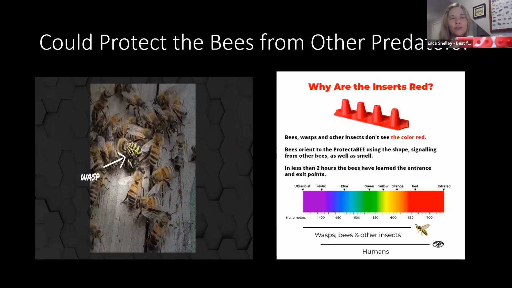So if you need to feed your bees because it's cold, or you need emergency supply, or maybe there's a dearth, like it's not rained for a long time and you need to get some pollen in, by blocking it on one side, we can actually just slide in food there.